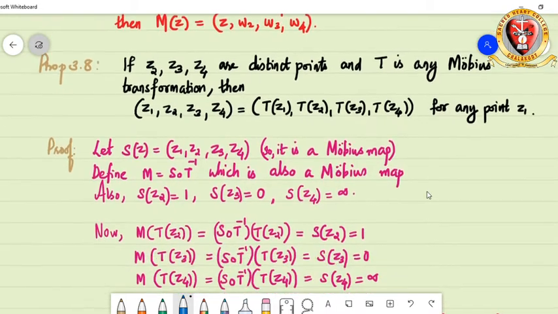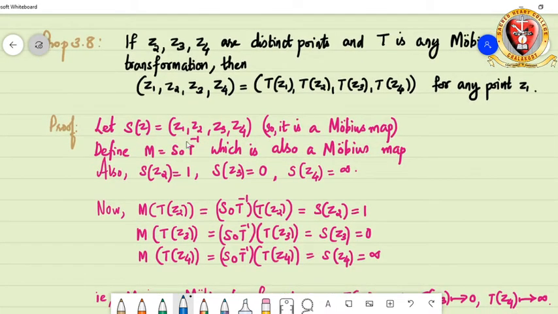So suppose we have S of z equal to the cross ratio (z1, z2, z3, z4). We definitely know that it is a Mobius map. And in the hypothesis, we are taking that T is a Mobius transformation. So its inverse, T inverse, will also be a Mobius map. And then we are thinking about the composition of S and T inverse.